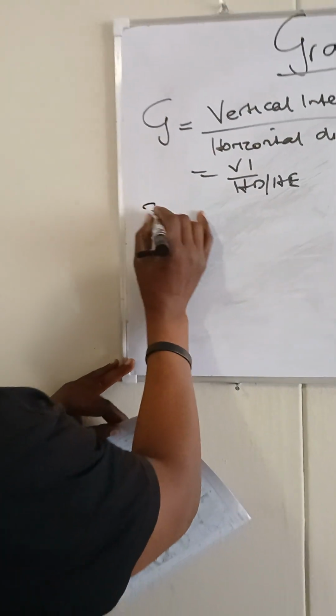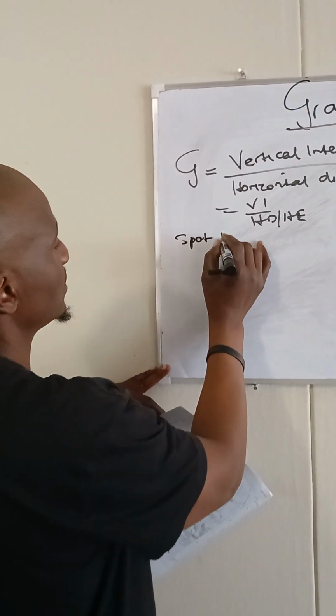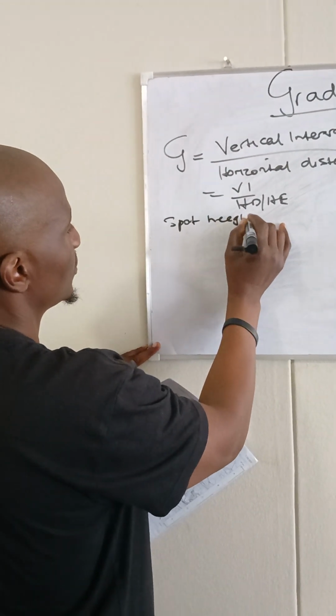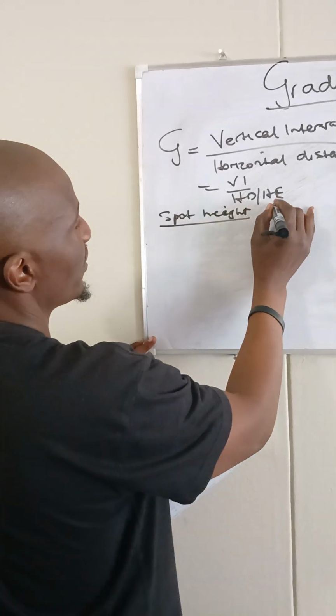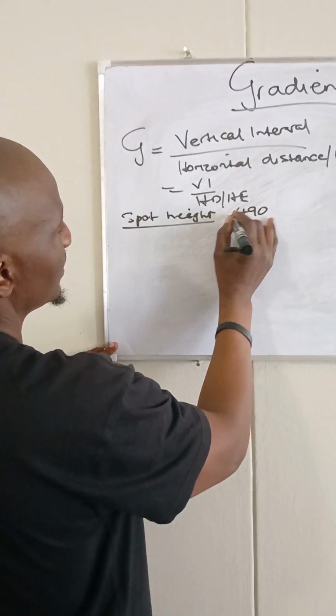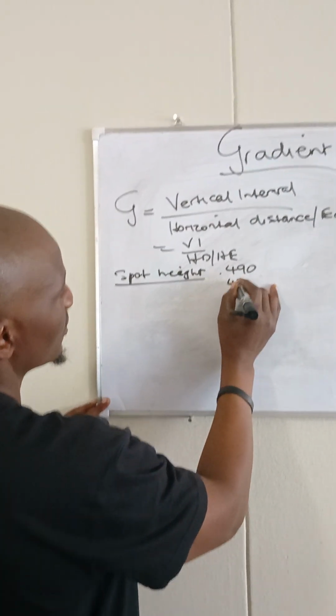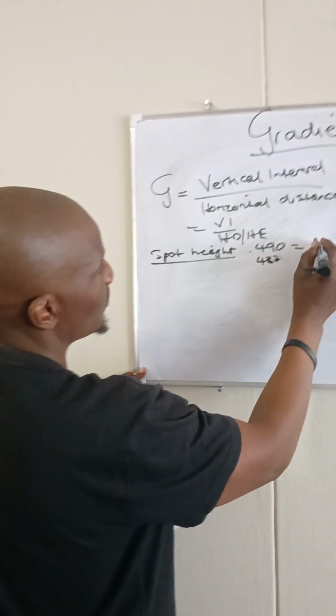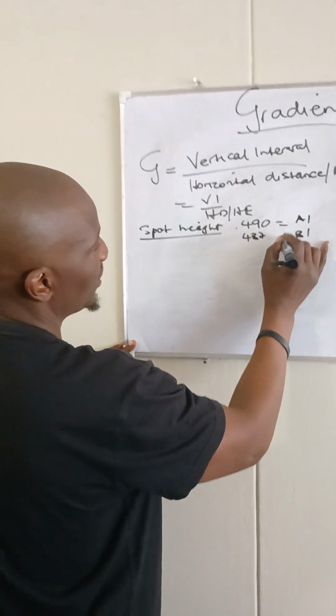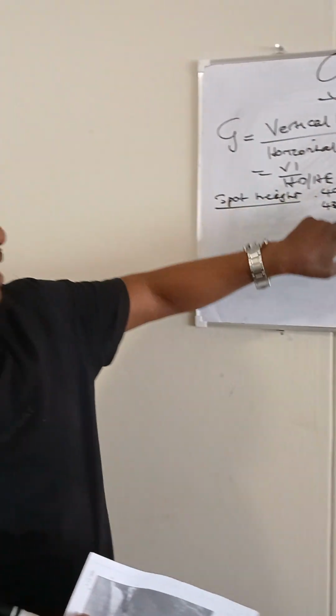That is our spot height. Okay, we have got 490, then we also have 437. This is in A1. This is in B1. These are the 2 spot heights that were given.